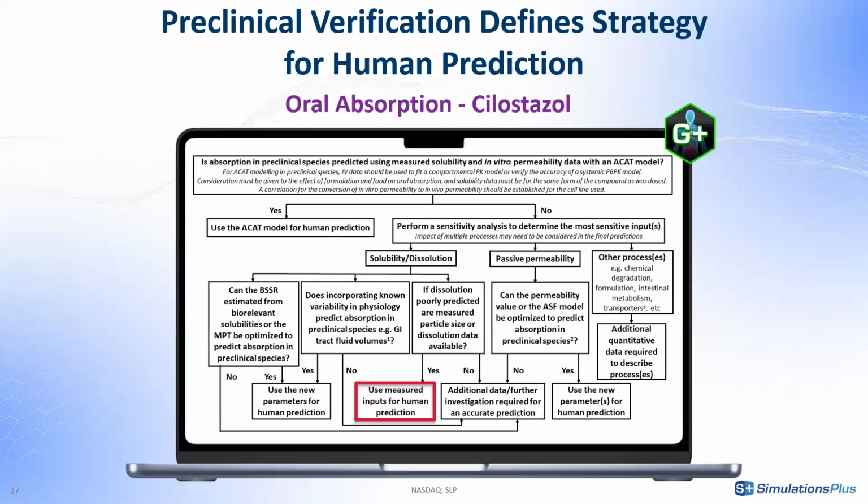So if we revisit the flowchart at this point, it indicates that requesting information around the target particle size in the first-in-human formulation will be important for the prediction. If this isn't available, then performing the prediction with an optimal but realistic particle size and communicating that as an assumed sensitive input parameter is essential.